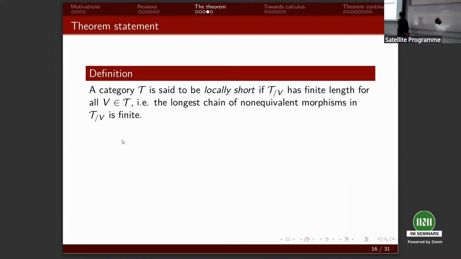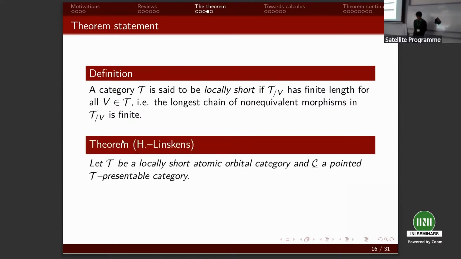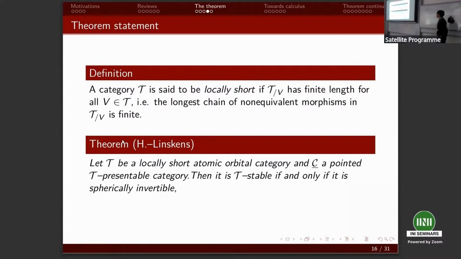And then the statement of the result now is that if I start with a locally short atomic orbital T, and C is a pointed T-presentable category. So I didn't define T-presentable, but the way you should think about this is just a T-category, roughly speaking, which is fiber-wise presentable, like spaces and spectra and so on. Then C is T-stable in Nadim's sense.